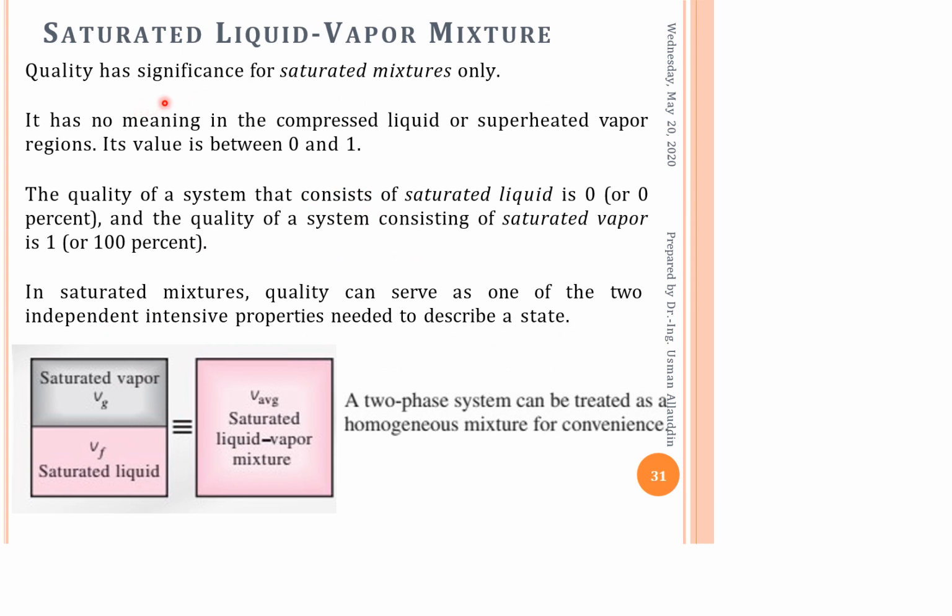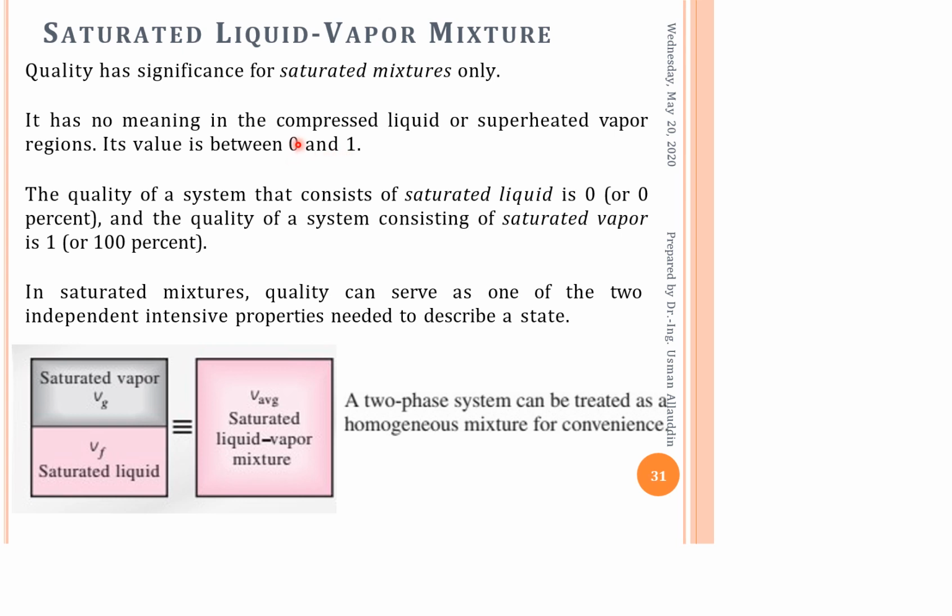When we are talking about a saturated mixture, the quality has very much significance. But when you're talking about compressed liquid or superheated vapor, it does not mean anything. Why is that? Because in a saturated mixture, our value varies between 0 and 1.